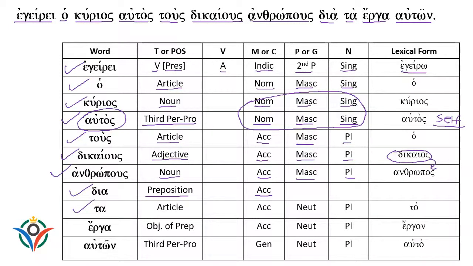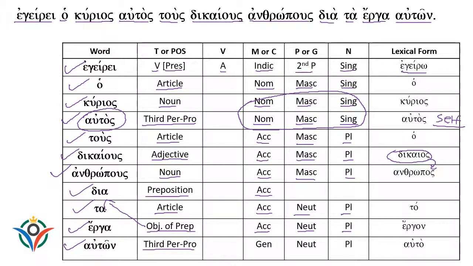Then we have ta, which is the article. It's accusative, neuter, plural. Then we have our noun erga, which is the object of the preposition dia. All right, it's also accusative, neuter, plural, from ergon, which means work. And then we have autōn. All right, so here is our third person personal pronoun.